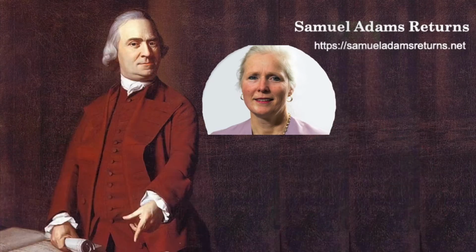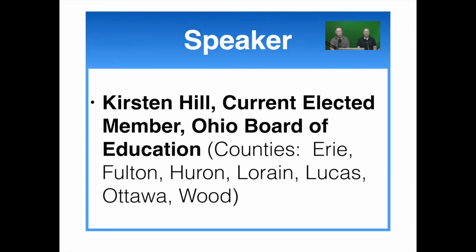And what counties do you represent, Kirsten? I represent 7 counties right up along Lake Erie, from east to west: Lorain, Erie, Huron, Ottawa, Lucas, Wood, and Fulton, which borders Michigan. Wow, that's a large area, and that's pretty representative of all of the elected board members, is it not?